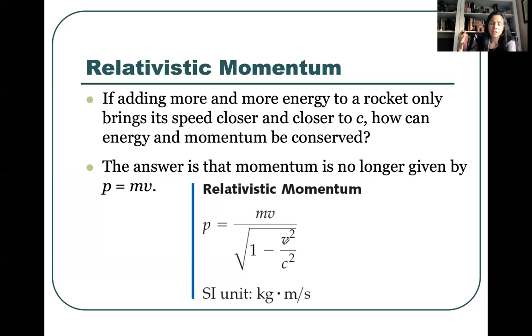Okay, so just imagine we're adding more energy, and that means that the velocity of our rocket is getting closer to the speed of light. Then you can see that this is going to get close to 1. This whole thing is going to get close to 0, so it's going to be very small, which means that the momentum is going to increase. So that goes with what we know, what we've used before, and so we're okay.